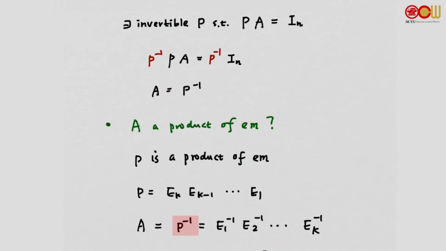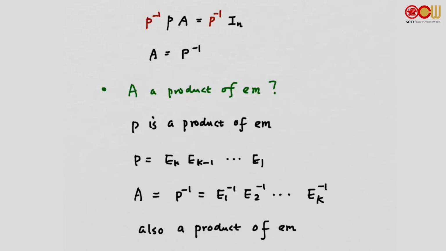The inverse of a product will now become E1 inverse, E2 inverse, up to Ek inverse. And we already know that the inverse of an elementary matrix is also an elementary matrix. So E1 inverse is an elementary matrix, E2 inverse is an elementary matrix, each one is an elementary matrix. So A is also a product of elementary matrices.